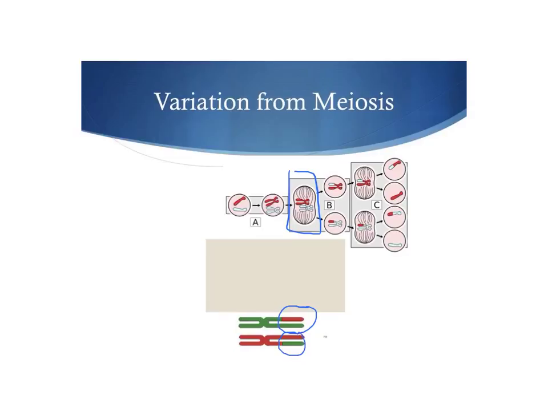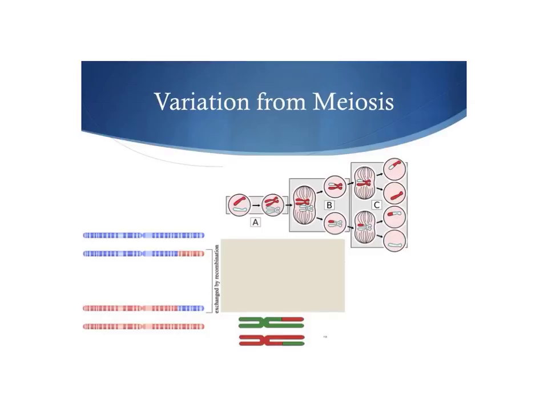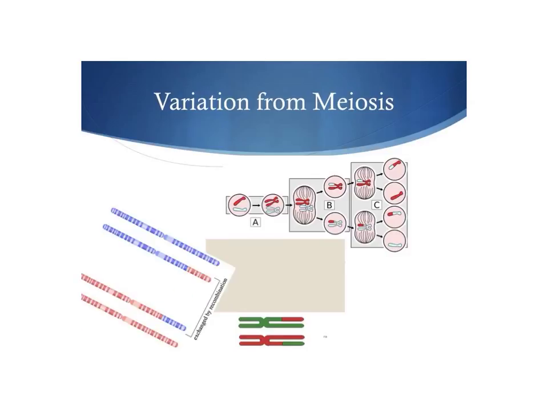Both now carry a recombined sequence of DNA, a new combination of alleles that is very unique to this particular cell. So as you can see here on the left, we have these unique bands that represent the alleles, and those alleles have exchanged. So you have a recombined DNA on all 4 of those sister chromatids.